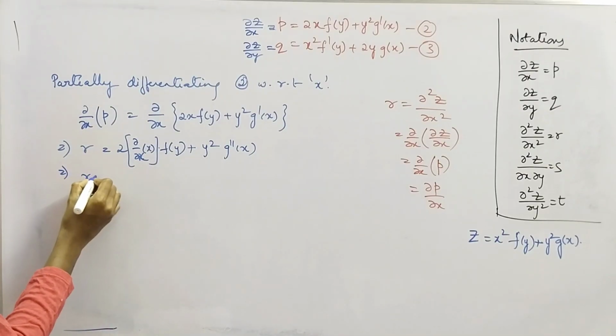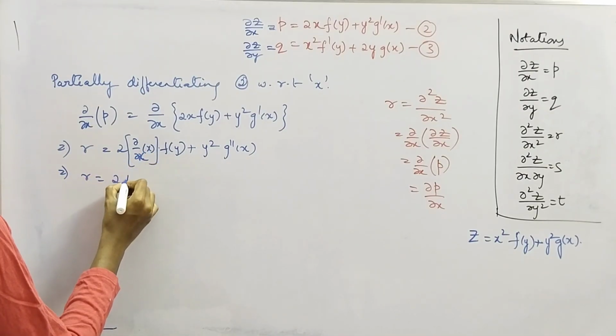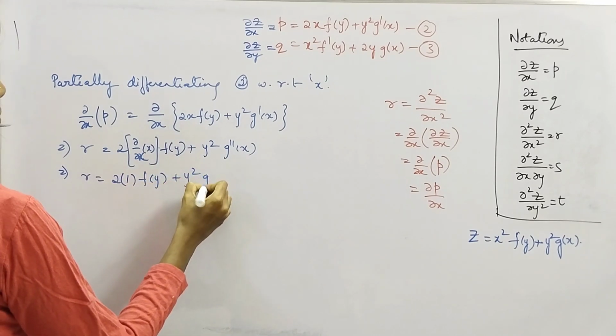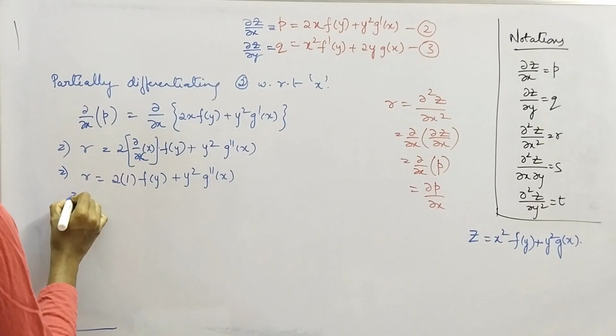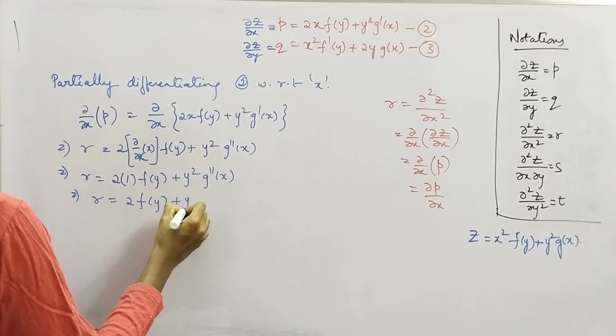This gives us r equal to 2 into partial derivative of x with respect to x is 1 into f of y plus y square into g double dash of x, or you simplify, you'll get this, right?